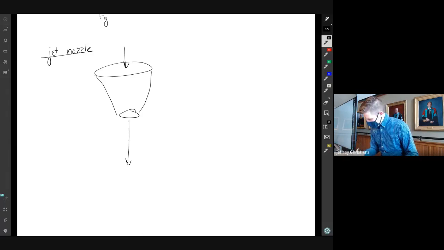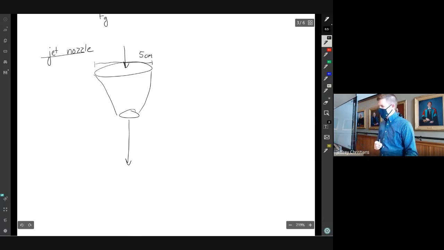Some dimensions. This dimension is, we'll say it's 5 centimeters, about 2 inches. And then it goes down to about 1 inch, we'll say.